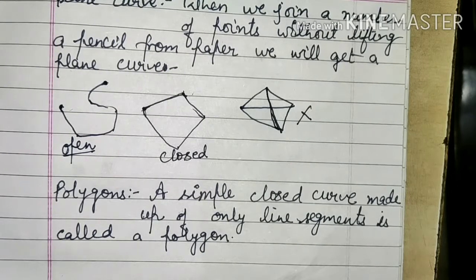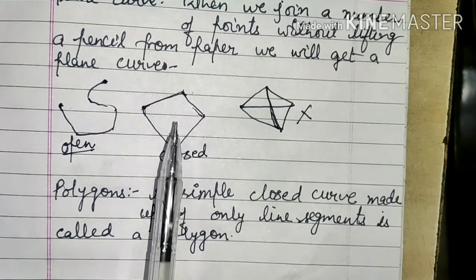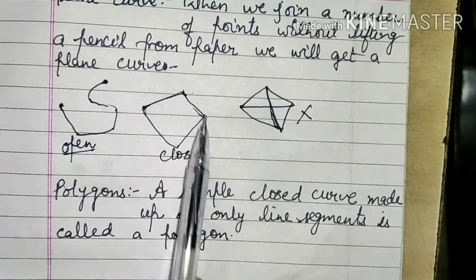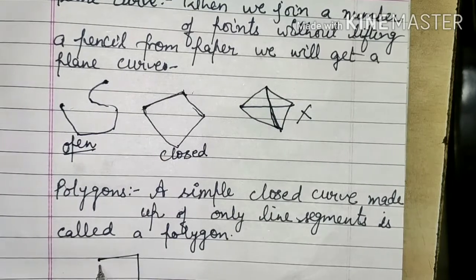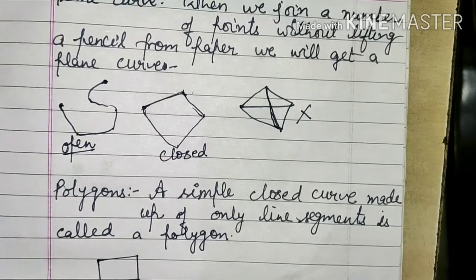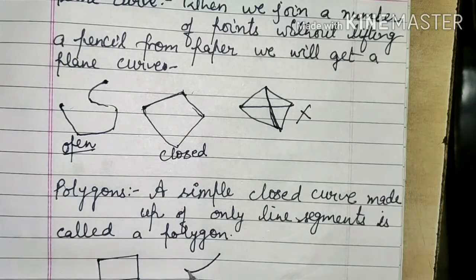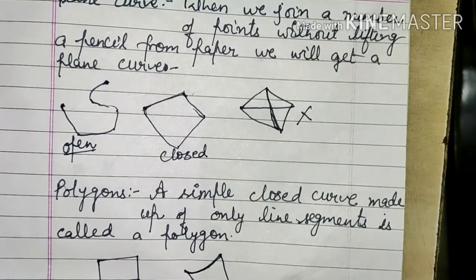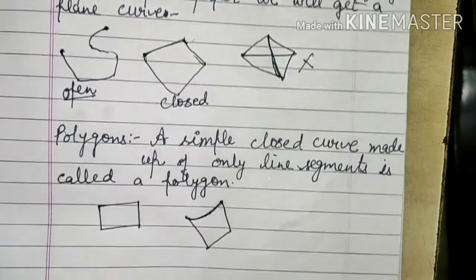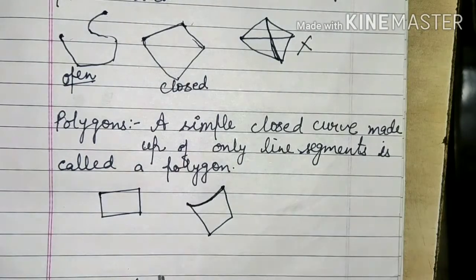A closed curve made up of only line segments is called a polygon. Like in this example, it is made up of only line segments. We have not drawn any type of curve in between. This is your polygon. But if we use even a slight curve, then it is not a polygon.